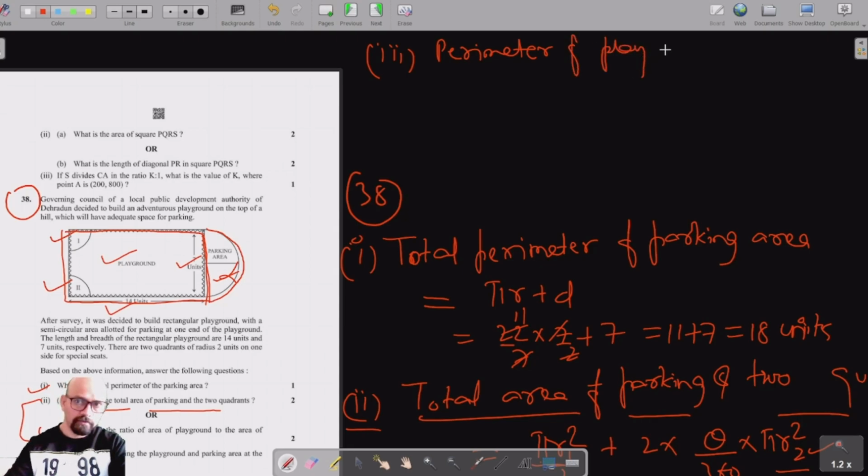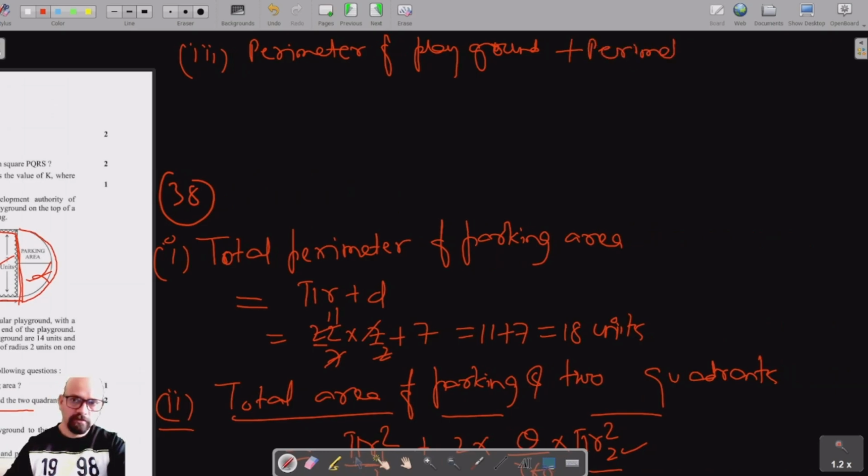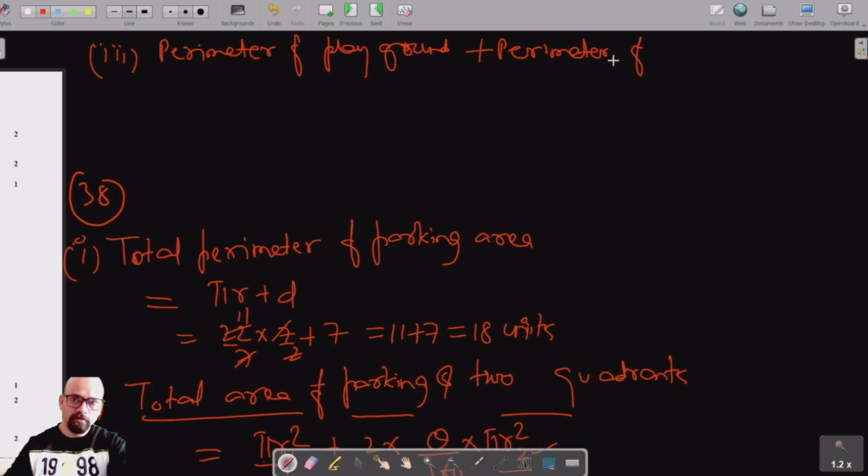So let's add the perimeter of the playground that has to be fenced plus the perimeter of the parking area, which is 18.